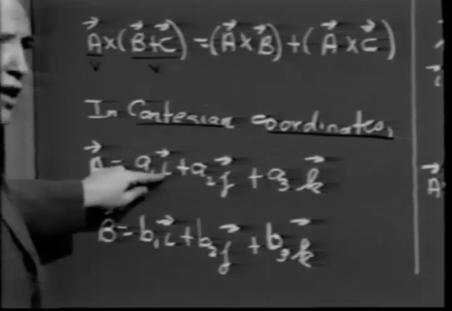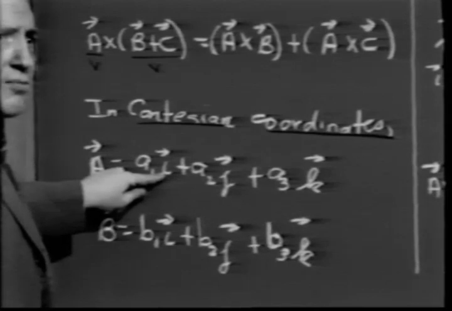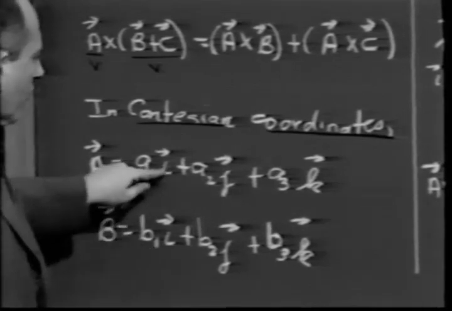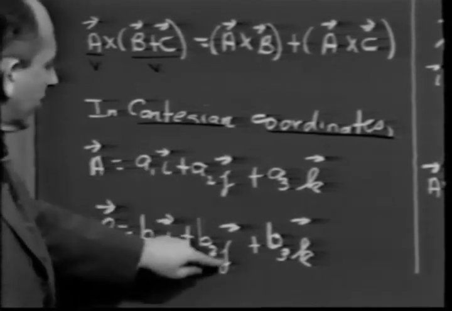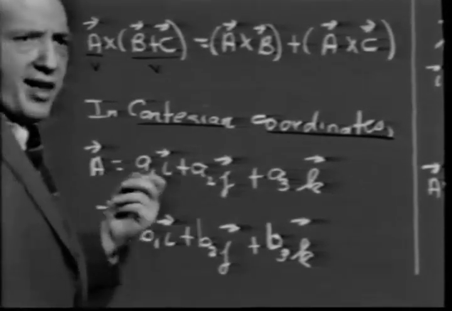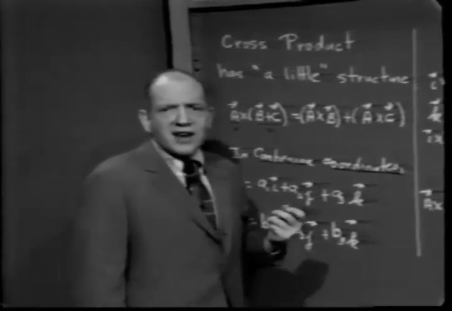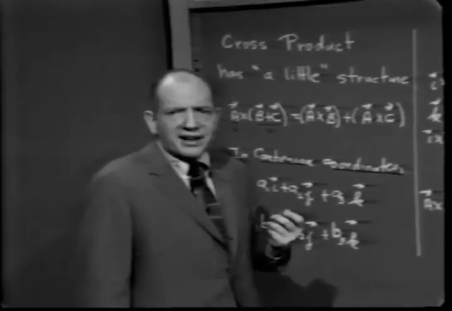And the reason for that is we already saw that since the sine of the angle between two parallel vectors is 0, the magnitude of the cross product is 0. That means that the cross product is the 0 vector. The question comes up, what happens when you cross i with j, or j with i, k with j, etc.? I think it's easy to see that when you cross i and j, you're going to get either k or minus k.